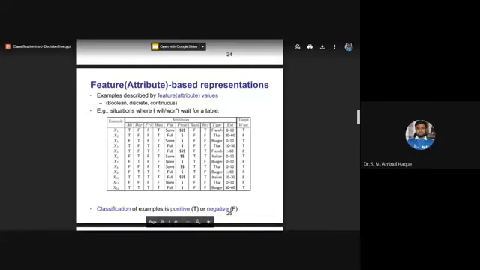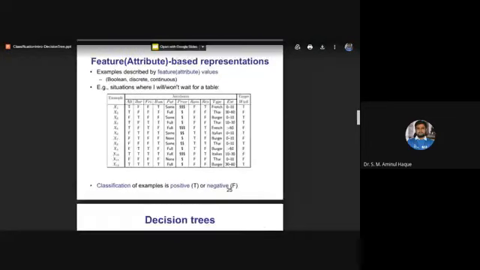How many French? 2 French. And how many Thai? 4. Burger, 4, and Italian 2.